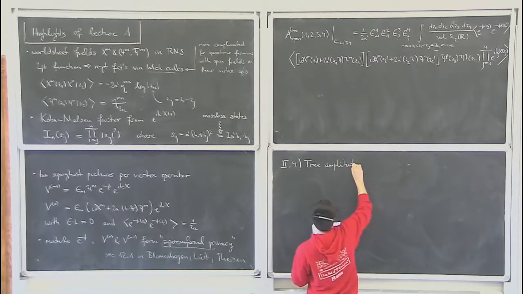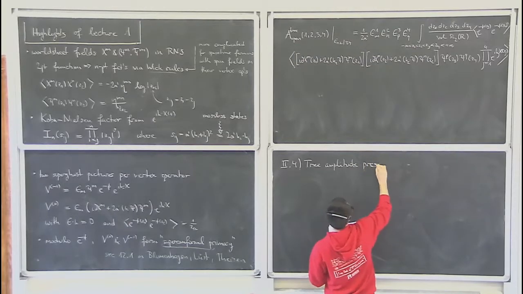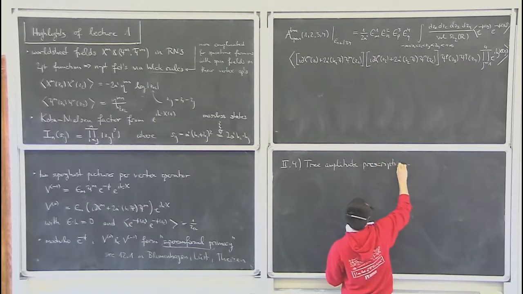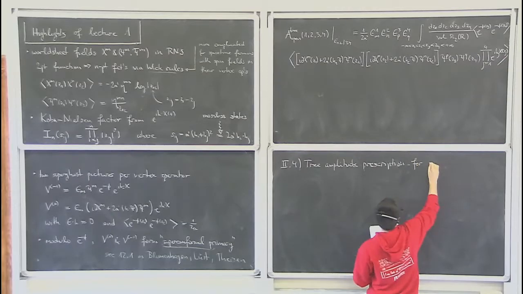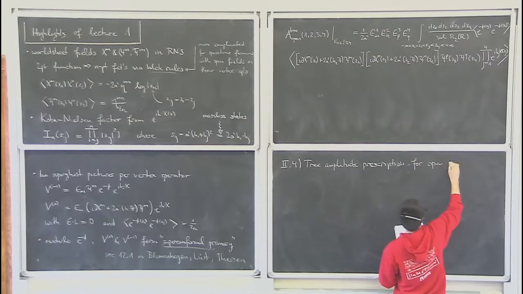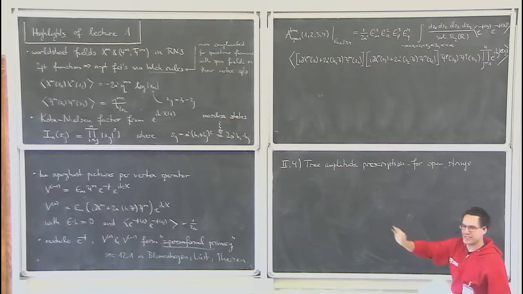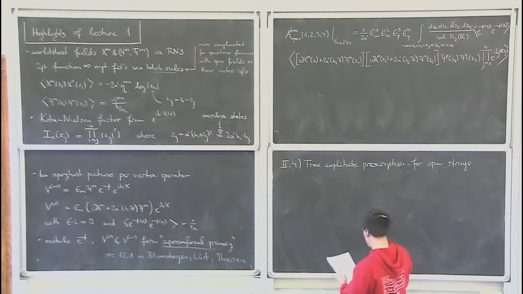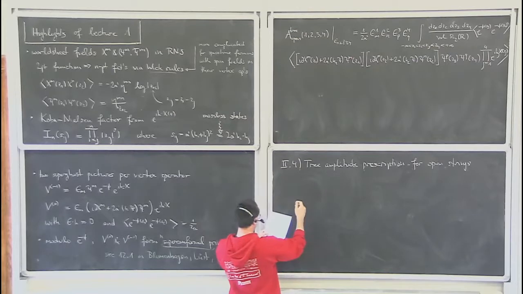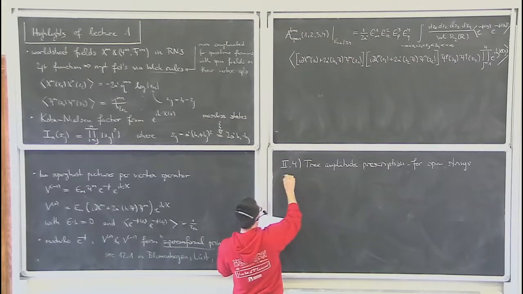That's the tree-level amplitude prescription for open strings. I'll ask the fans of the closed string for a little bit of patience. We'll do this tomorrow or on Thursday, recycling our open string knowledge.